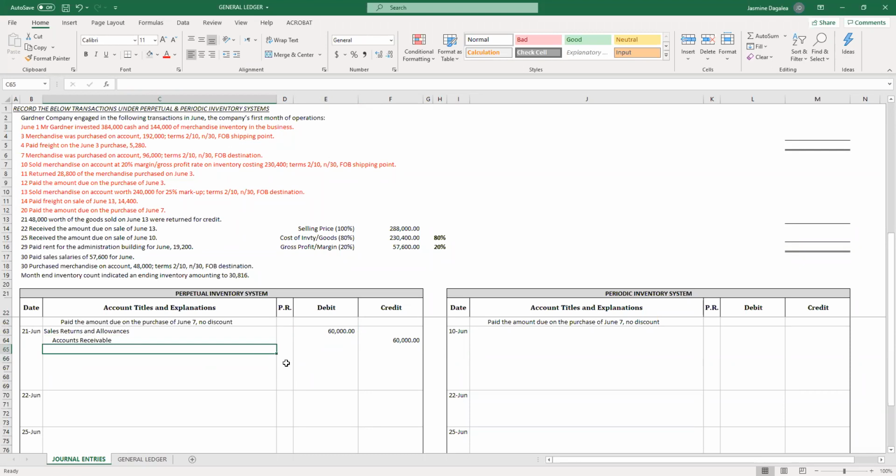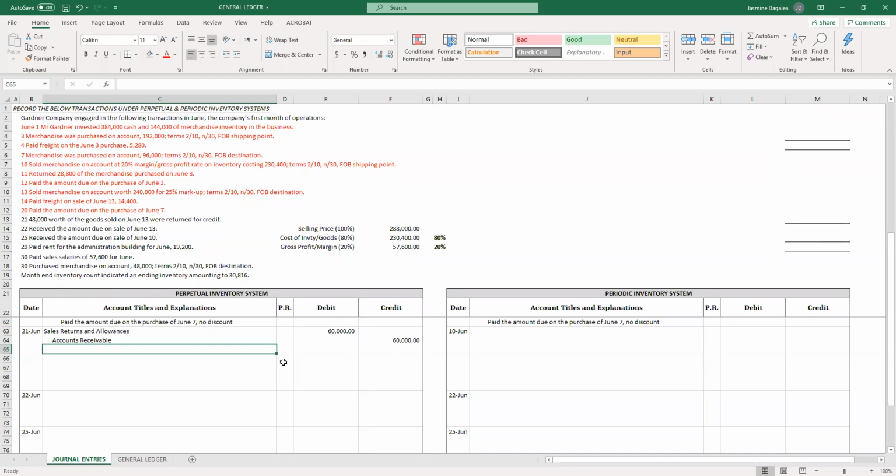Pag markup ang ginamit. Pag margin, iba naman yun. I-gross up nyo yung 48,000 divided by 0.75. 64,000 naman ang selling price nyo. Okay?